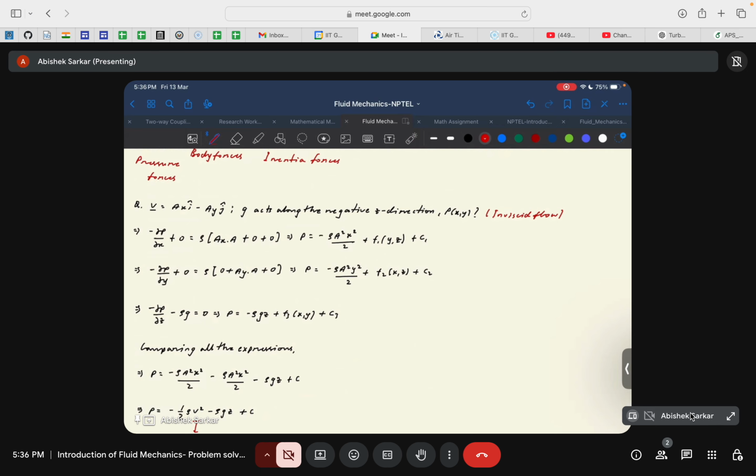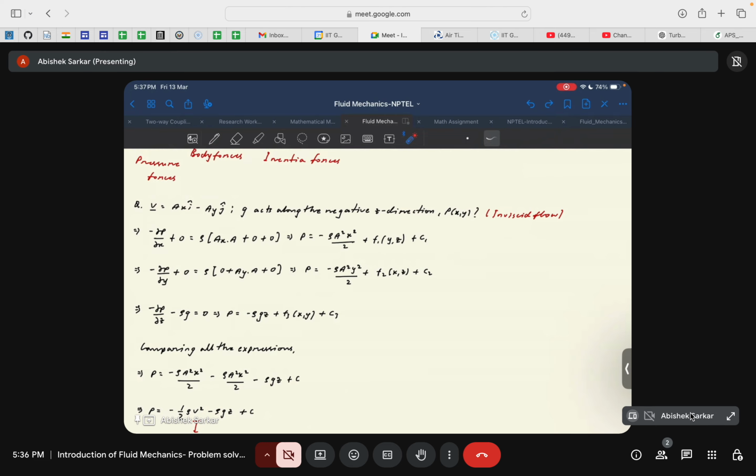You will have rho a x a plus 0 because of course dou u by dou y and dou u by dou z are equal to 0. I'm just writing the final form. You can of course check and calculate it, but we will eventually end up with dou p by dou x is equal to rho a square x.